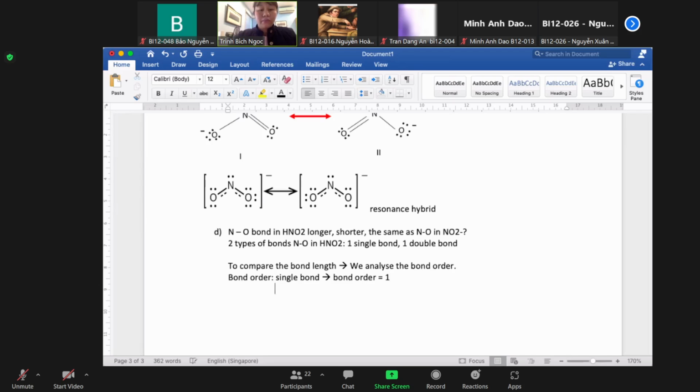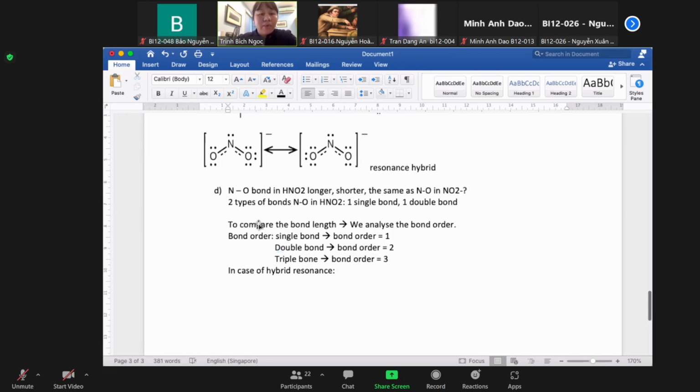Double bond equal to 2, and triple bond liên kết 3. The bond order equal to 3. Okay. In case of resonance, we call hybrid resonance.